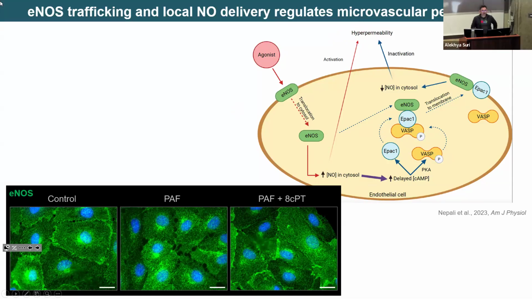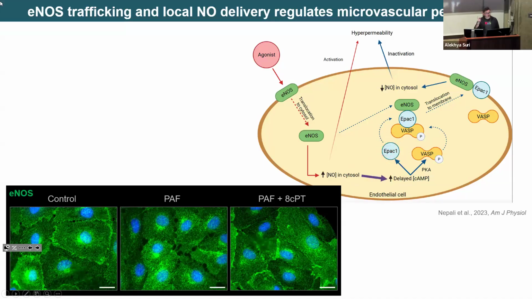But then there is a really cool delayed increase in cyclic AMP that I didn't really tell you about because we don't have time. But ultimately, there's this weird and still unexplained delayed increase in cyclic AMP that leads to EPAC activation.